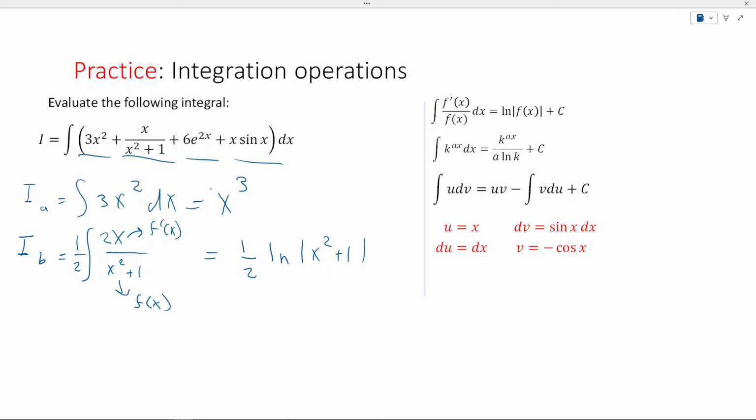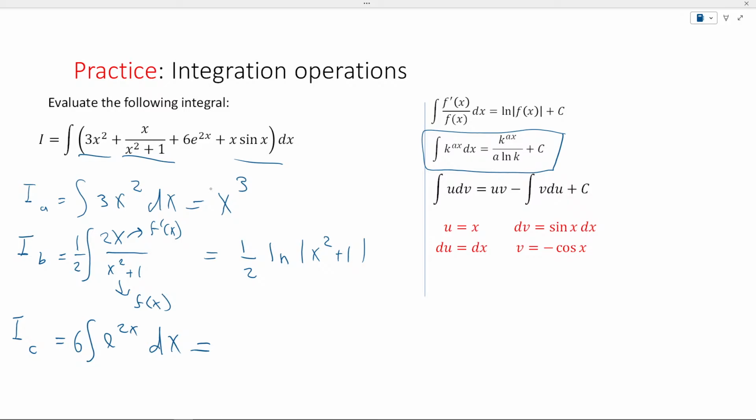For this one I have a rule as well. I can take the 6 as a constant, so here it's 6 e to the power 2x dx. And what's the rule for this? The rule is here, so that shouldn't be difficult.